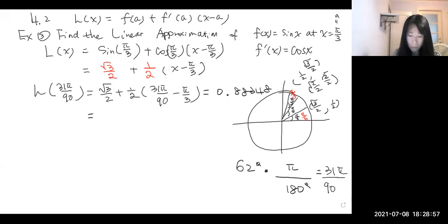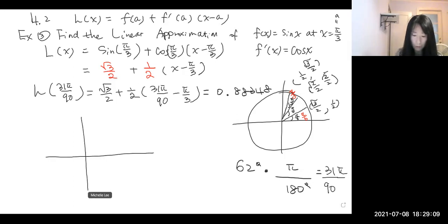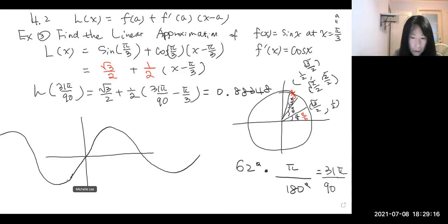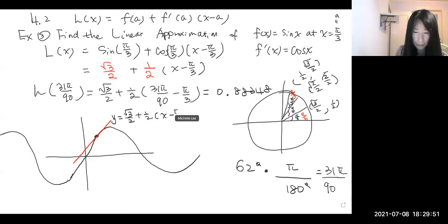So the line starts at 0. So this point at, okay, this line which we just found here is y equal to plus 1/2 x minus pi over 3.